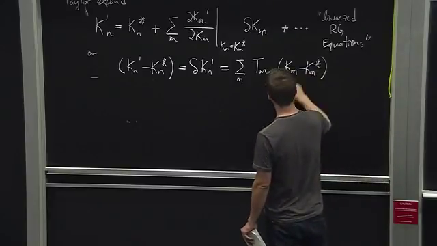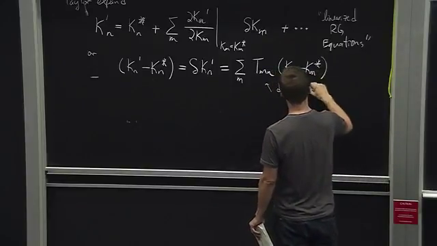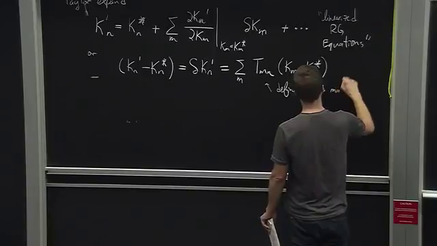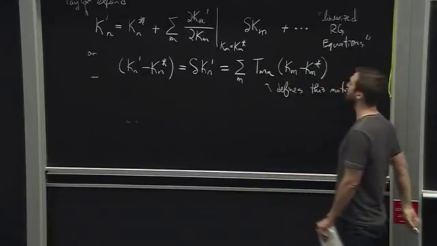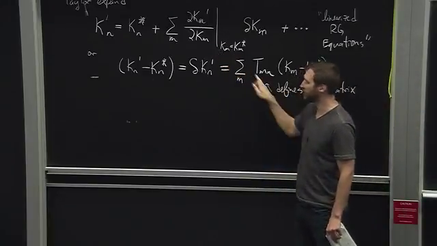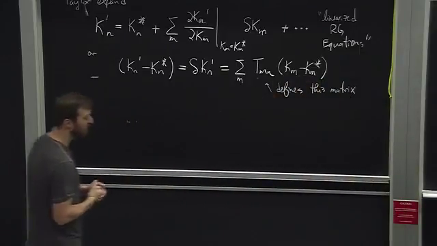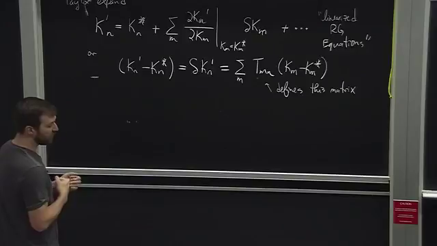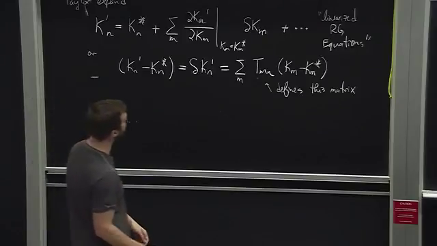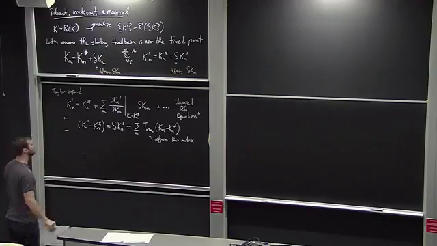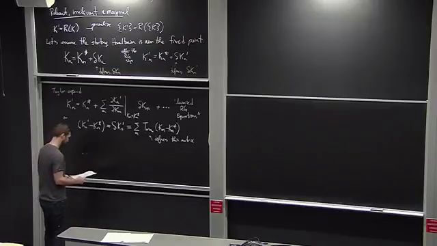So that just defines what that matrix T is. Okay, so let's look more at that matrix. That matrix has a set of eigenvalues and eigenvectors.